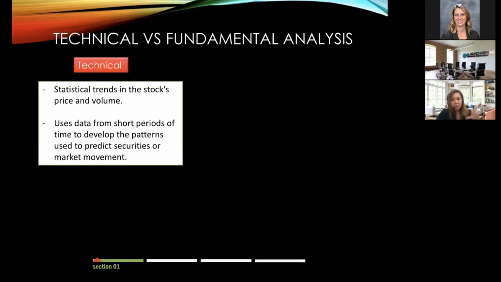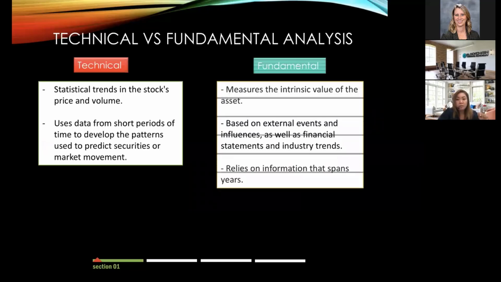So again, moving forward, there's another analysis called fundamental analysis. Technical analysis is numbers, statistics, the trends. We use this for short periods of time to develop patterns, to see the supply and demand, to go with momentum, to trade. Fundamental analysis measures the intrinsic value of an asset.